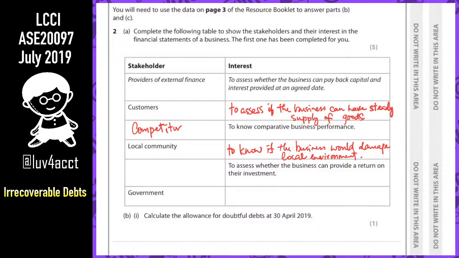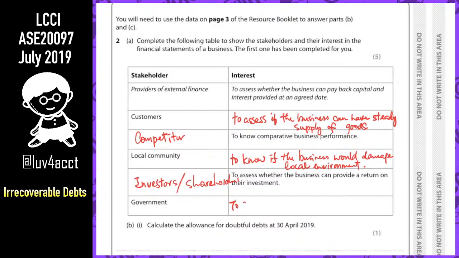Next one, to assess whether the business can provide a return on their investment. Then this would be the investors, shareholders. Government, to assess how much tax would be received.